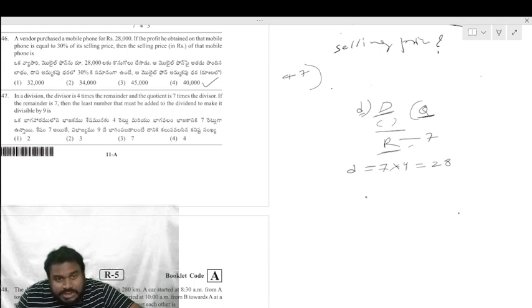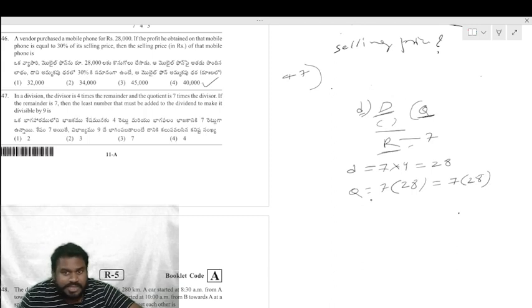And the quotient is 7 times the divisor, Q equals 7 times 28. Let it be like that, 7 into 28. We don't have to multiply everything because finally it gets cancelled.